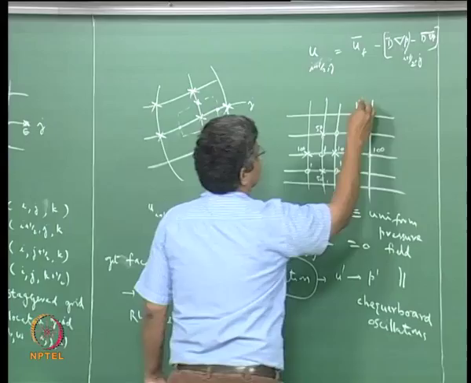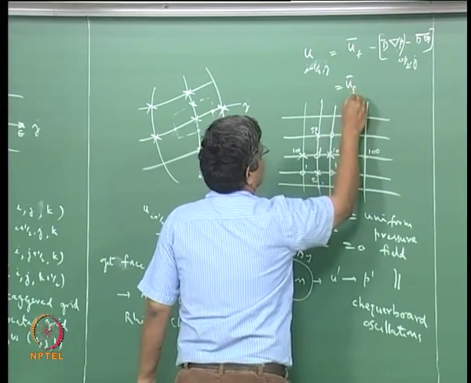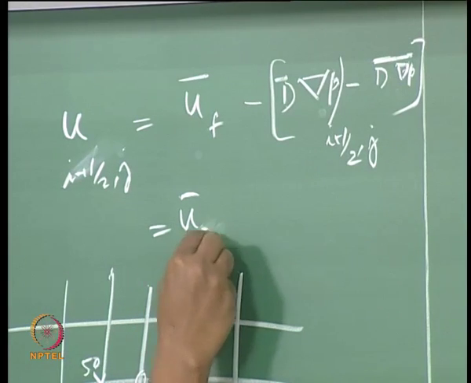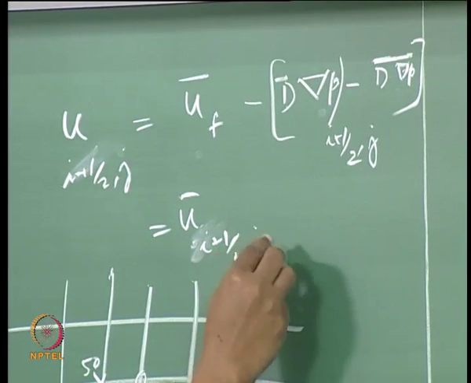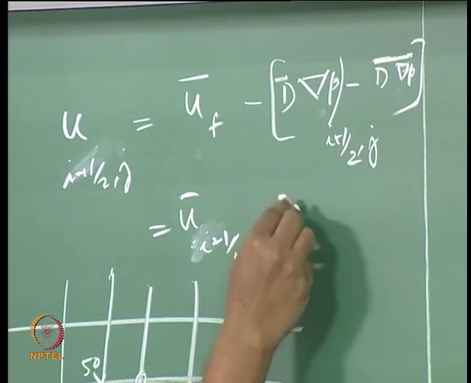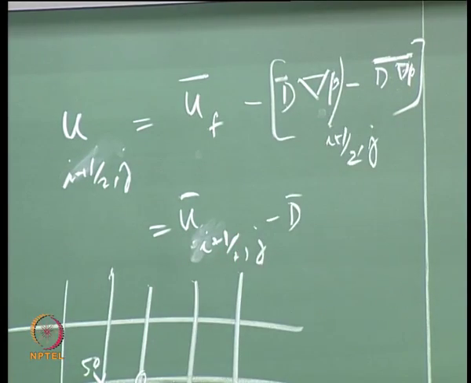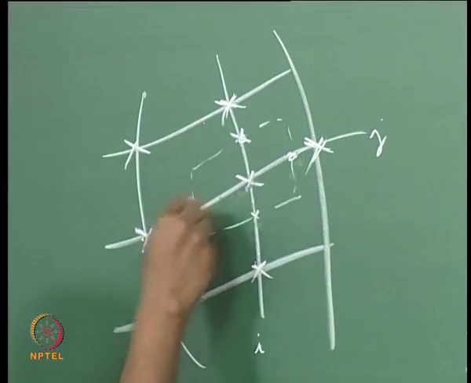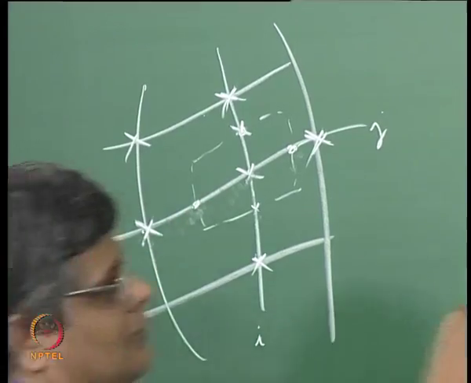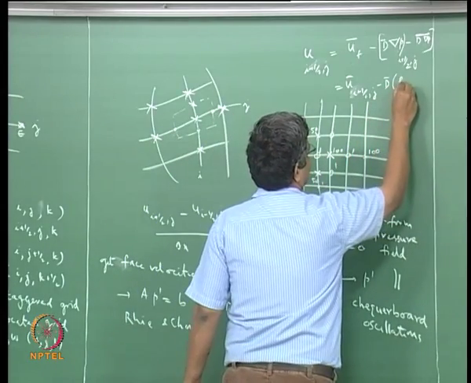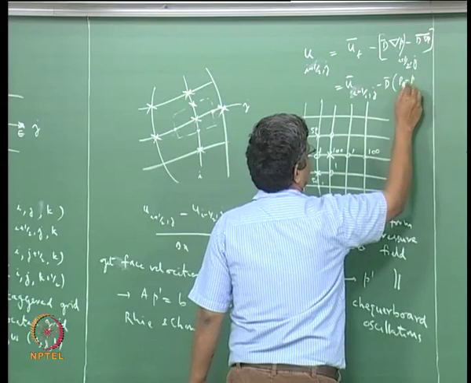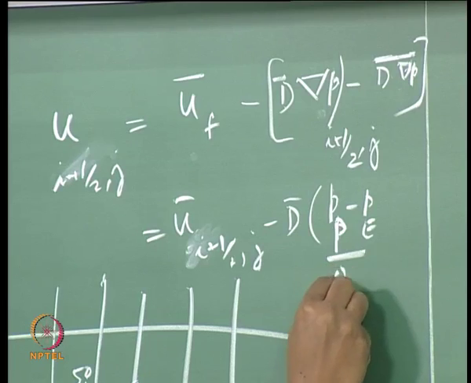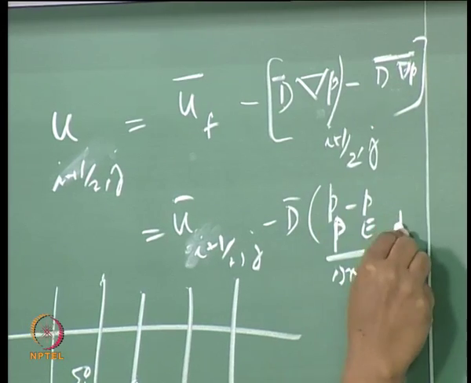So we can write this as the interpolated phase velocity at i plus half, j, minus some d times the interpolated term. The pressure gradient at this point is this pressure minus this pressure, P minus Pe, divided by delta x, minus this interpolated term.